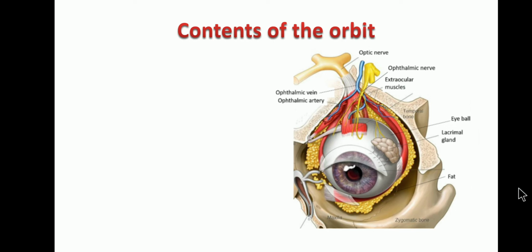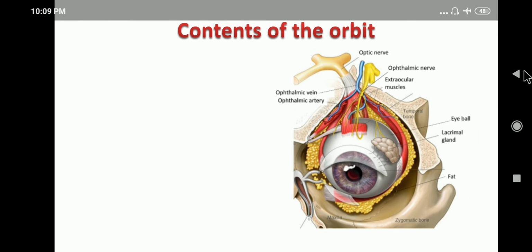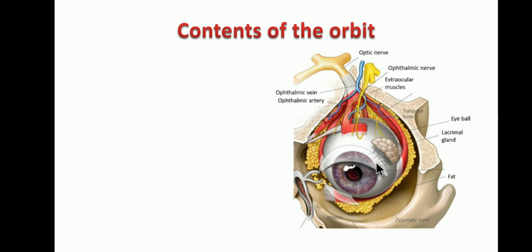Now we will try to list out the contents of the orbit. Mainly it consists of the eyeball, and the fascia covering the eyeball is called the fascia bulbi. Fascia bulbi is different from the orbital fascia. The orbital fascia is the periorbita or orbital periosteum, which loosely invests the bone, whereas around the eyeball you have the fascia bulbi.